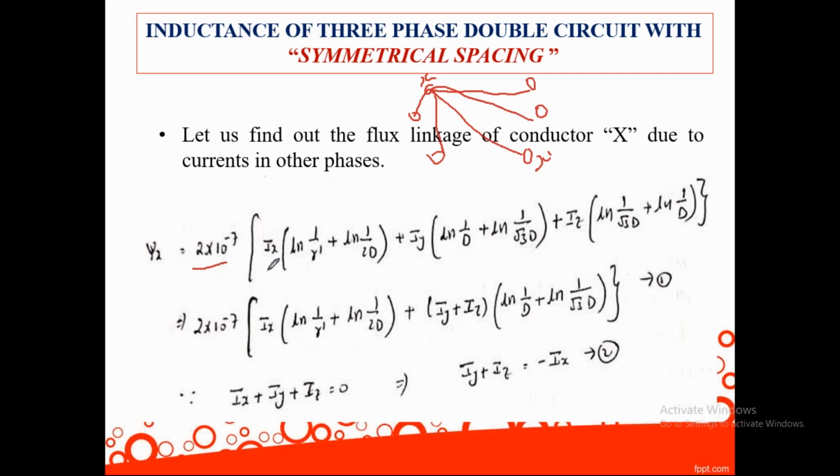So 2 into 10 power minus 7 Ix into, from X to X the distance is self distance, that's why 1 by r dash, plus the distance between X to X dash is given by ln into 1 by 2D. So this is the Ix term. Next the Iy term, into ln 1 by D, since the distance between X to Y is D, plus ln into 1 by root 3D, the distance between X to Y dash.